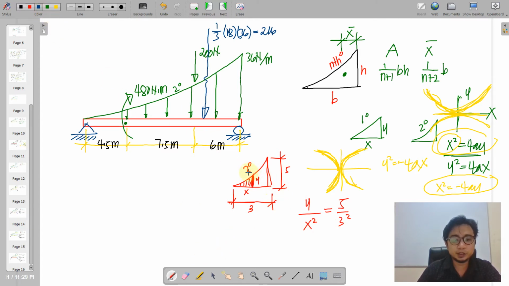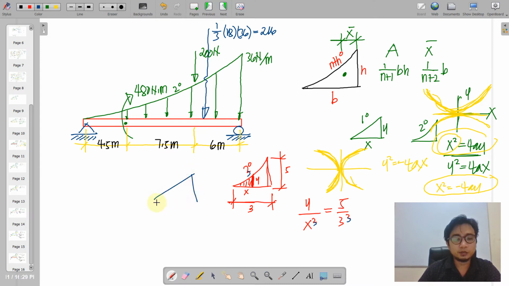If your curve happens to be third degree, then you just have to adjust that one. Y is to x cubed is equal to 5 is to 3 cubed. So that is how to do ratio and proportion in a spandrel.